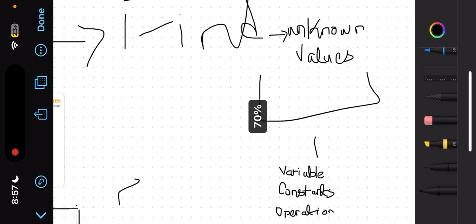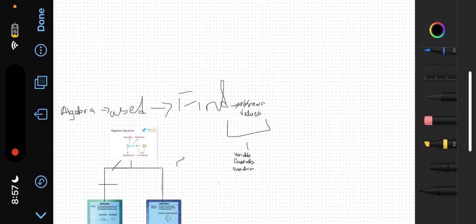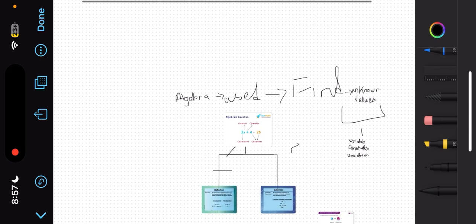Unknown values include variables, constants, and operations. So algebra is used for finding unknown values. It is used for variables, constants, and operations. I hope it is clear.